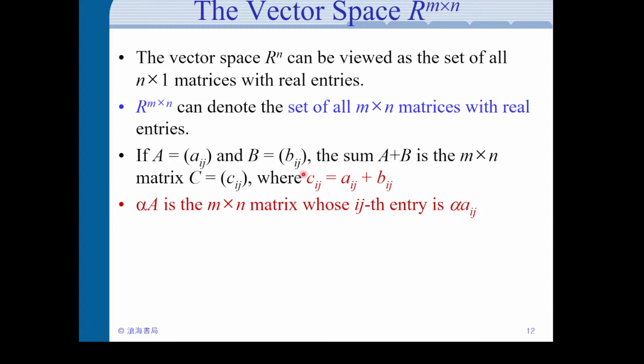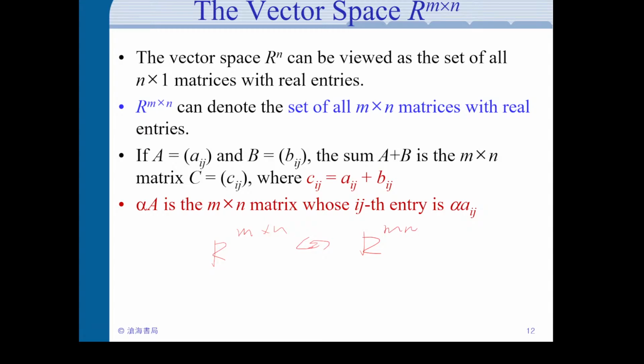And I guess from this notation, you see that R^(m times n) is really similar to Rn with just different dimension. So you can think R^(m times n) is just Rmn.